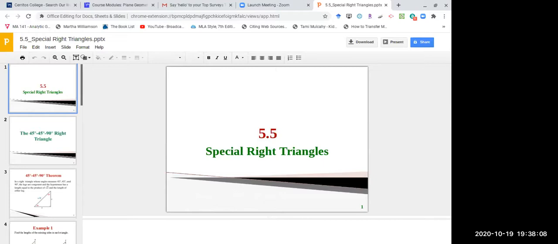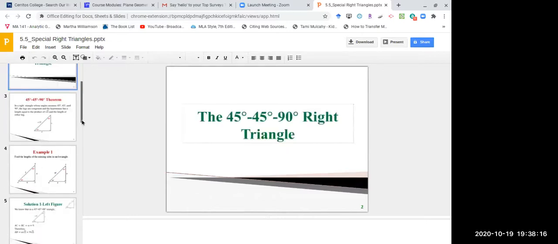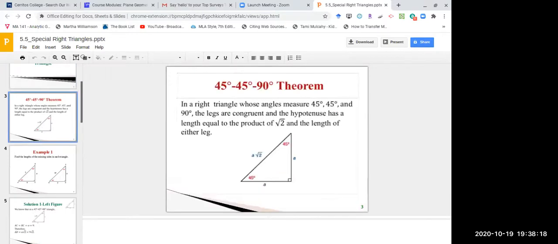In that particular ratio, remember that for a 45, 45 right triangle, the legs are the same length and the hypotenuse is the length of that leg times the square root of 2. That's the length of the hypotenuse. Those relationships come in very handy when you're solving right triangle relationships if you're solving for the lengths of the sides.